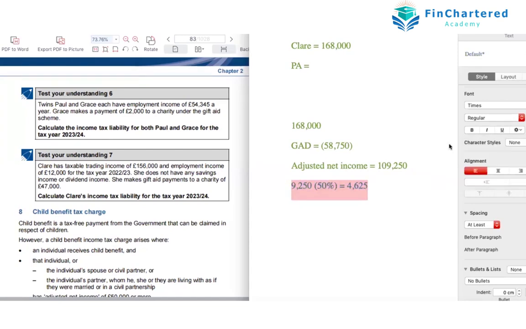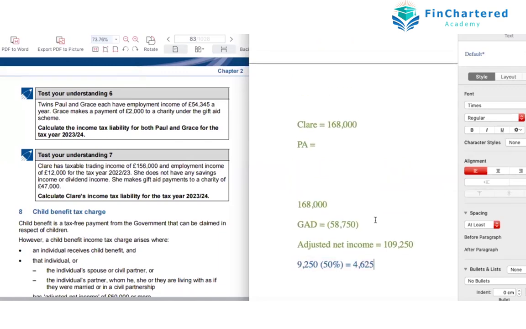Okay. Can I redo this calculation for you entirely step by step? Again, remember, for the ones who have not understood, Claire is making 168,000. And first things first, the personal allowance calculation needs to be done. Because Claire is making a donation, we will need to calculate the adjusted net income, right? Her income is 168,000, but her gifted donation was how much?